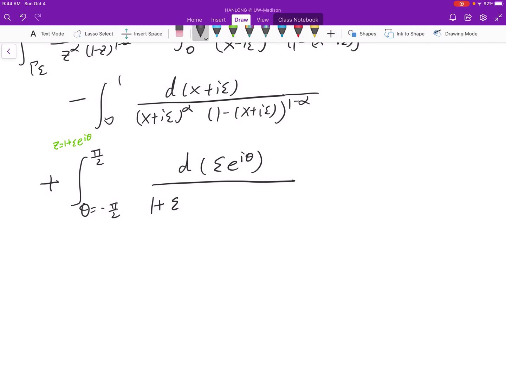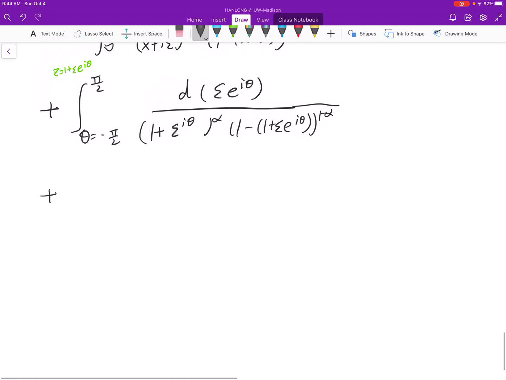That's the parameterization we use here. 1 minus 1 plus epsilon exponential i theta to the 1 minus alpha, and plus or minus because you reverse the orientation right now. Okay, first let's write plus.